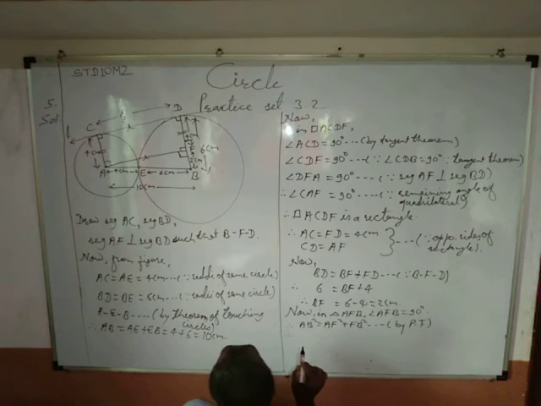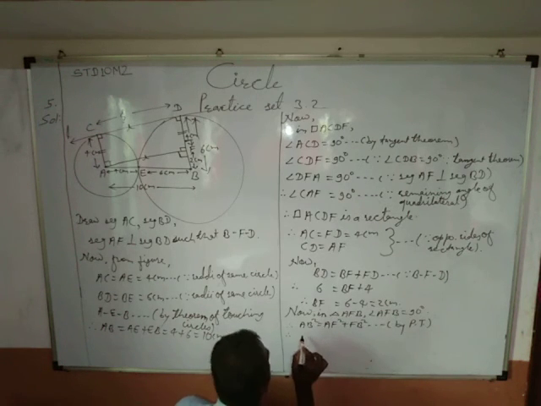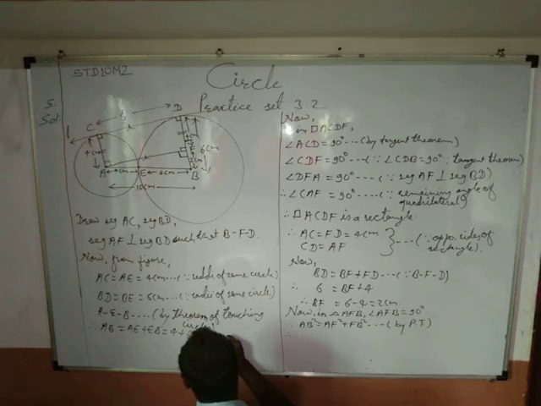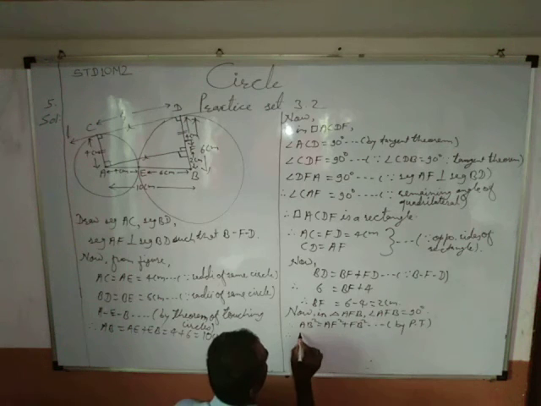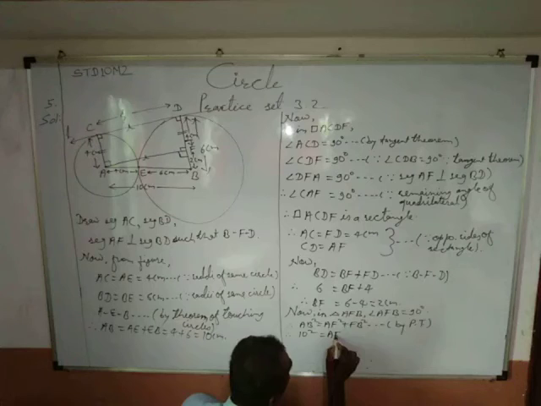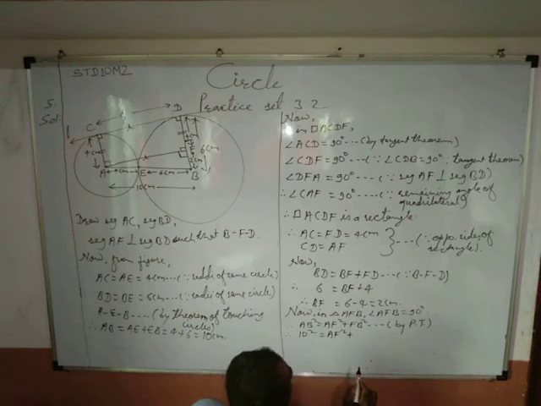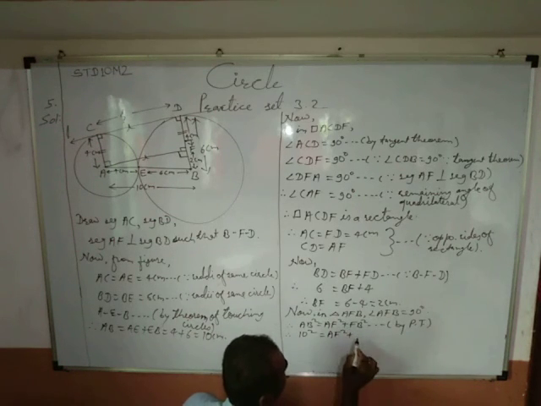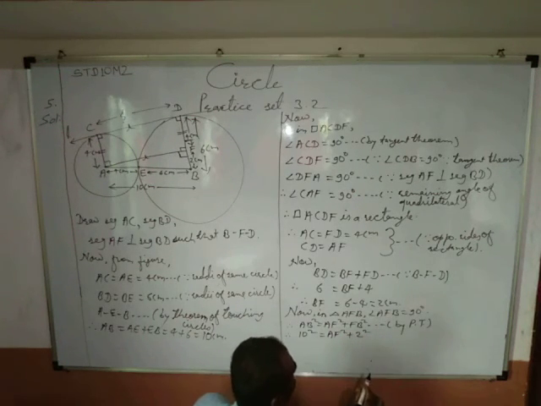Therefore 10 square, because we already have the length of AB as 10 centimeters, equals AF square plus FB square, where FB means BF, which is 2 square.